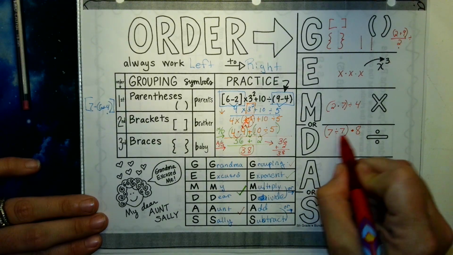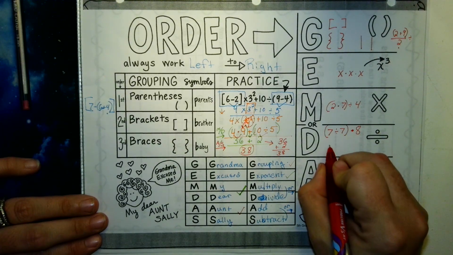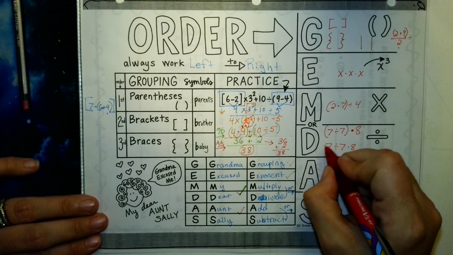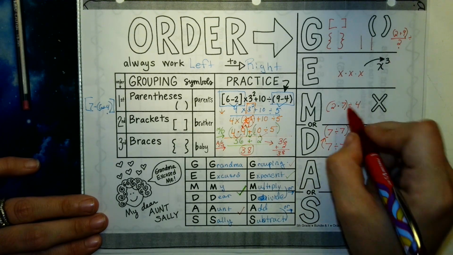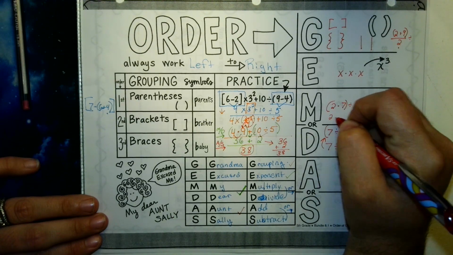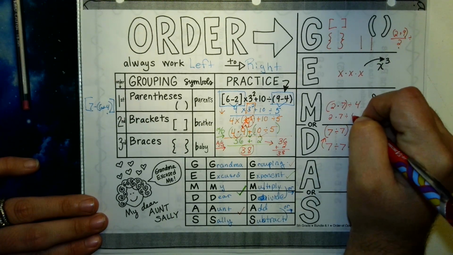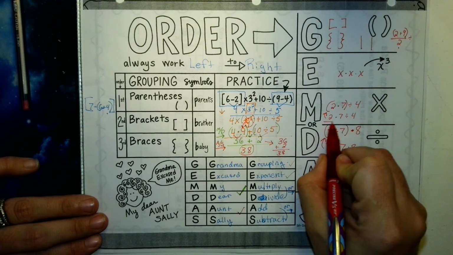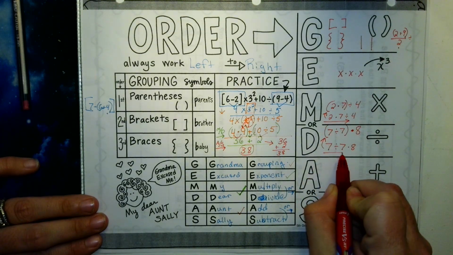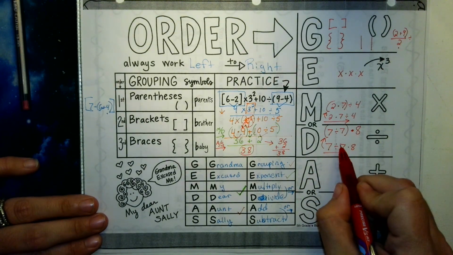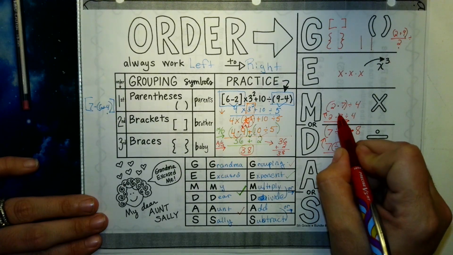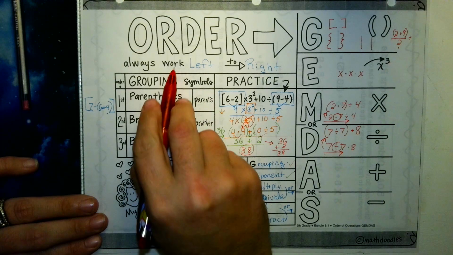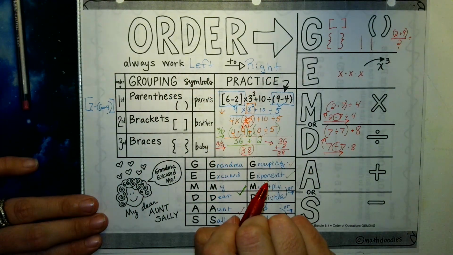And even if the parentheses weren't here, even if they just wrote it this way, it would act just like that, okay? If they wrote 2 times 7 divided by 4, it would act like that. Because we're going from left to right on both of them. Doesn't matter if division's first or if multiplication's first. It is always going to be that left to right process that we talked about, okay?